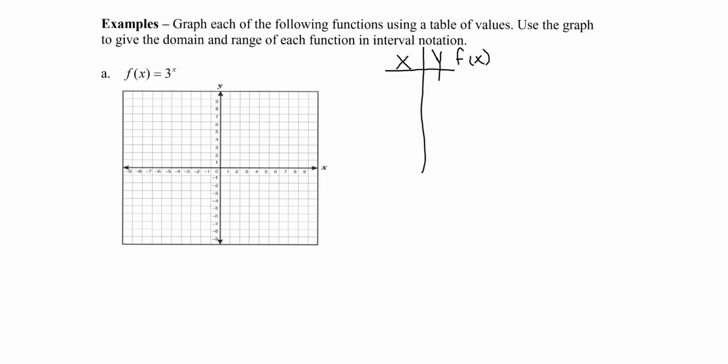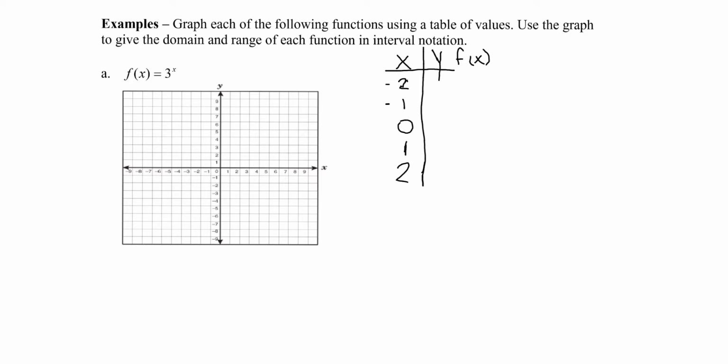I'm going to pick about 5 x values so we can get a good graph: negative 2, negative 1, 0, 1, and 2.